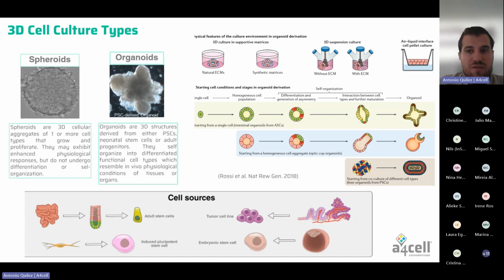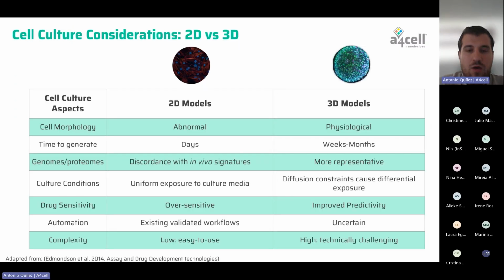But a few aspects that are going to give us more information on why we can work with 3D models to obtain improved results are in this table. It's the information I'm showing you in this table, where we can see different aspects that differ and explain why we have different responses in the same cell types depending on their cell culture conditions.